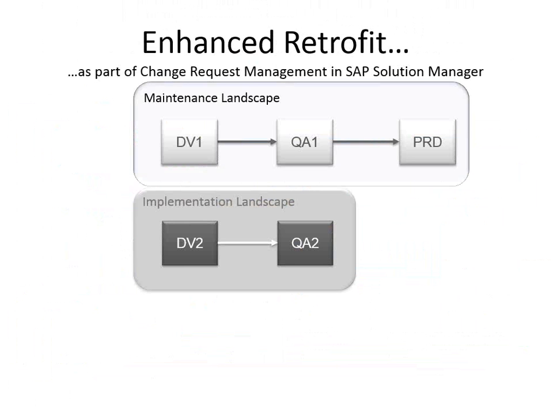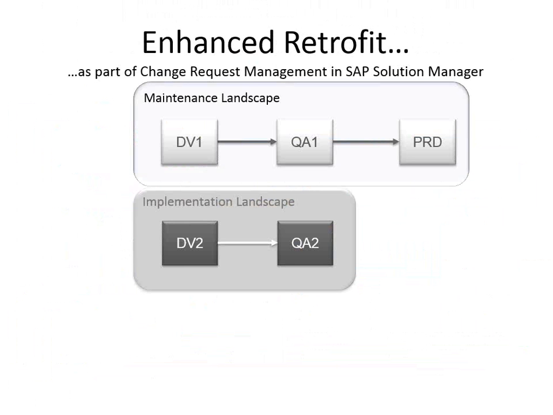The project landscape has a P part and an M part. Both P and M will have different boxes, different development box and QA box, but the destination is the same. It will go into the same production box.